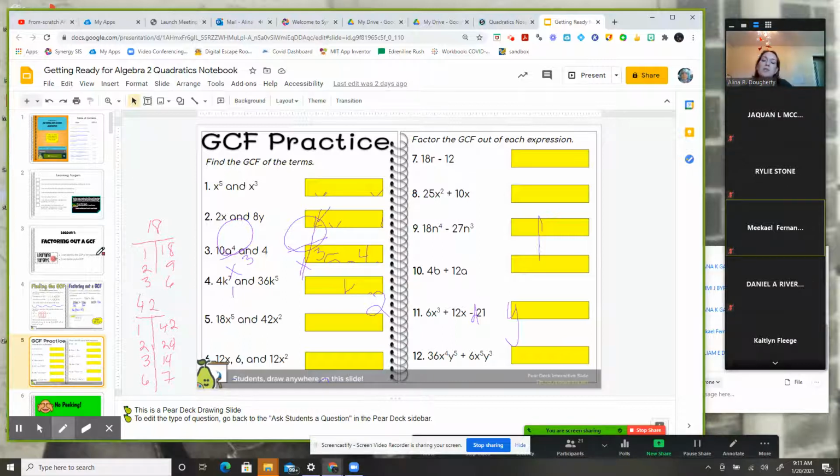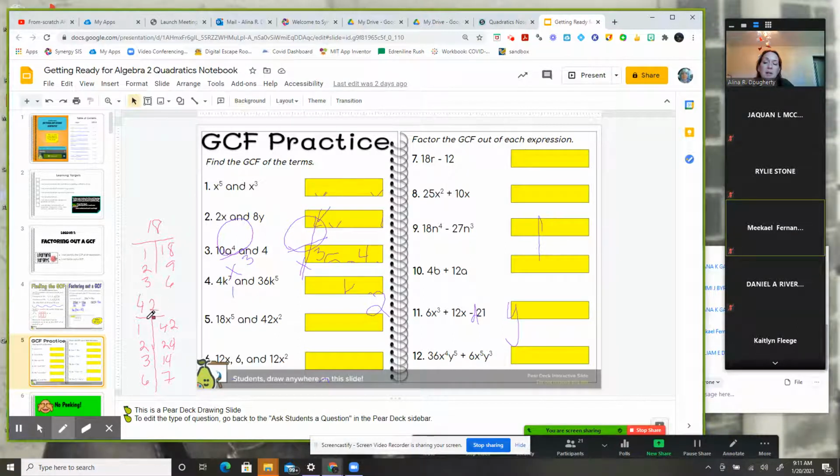So if you're not sure, you can do what I did. Find the factors of 18, find the factors of 42. You'll notice on the left side, I just go down the number line. 1 times 18 is 18, 2 times 9 is 18, 3 times 6 is 18.